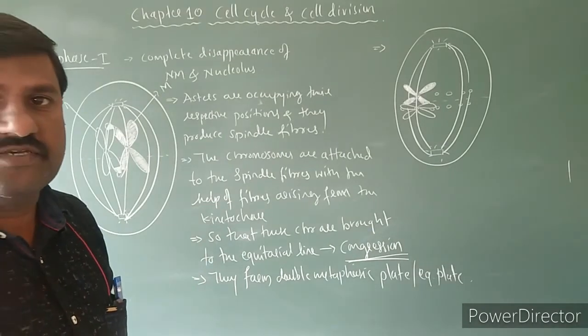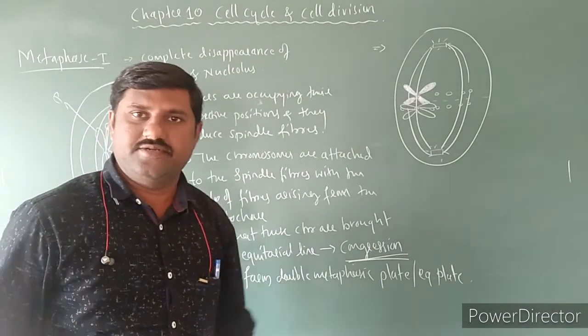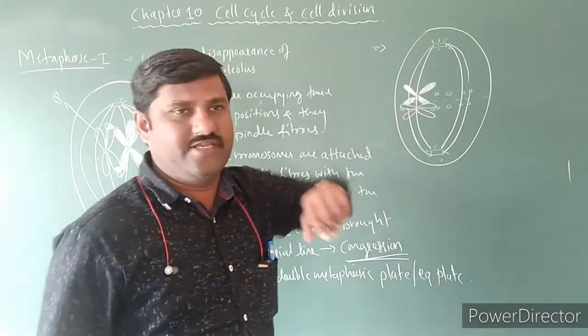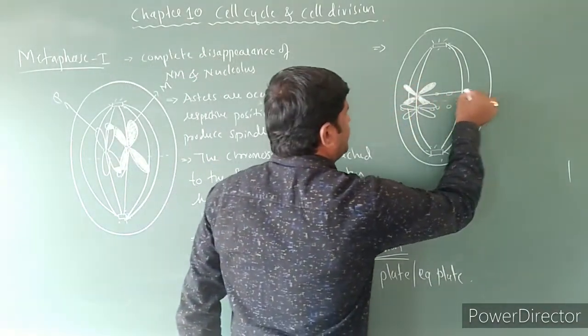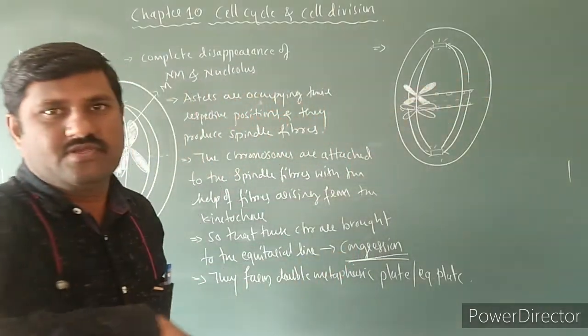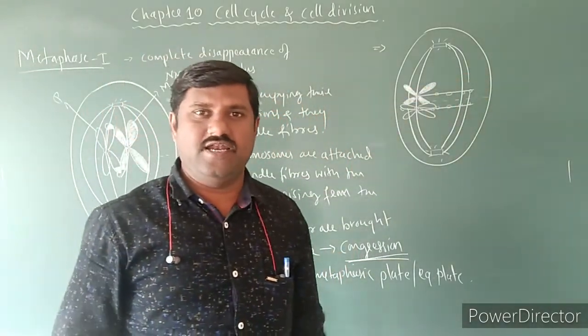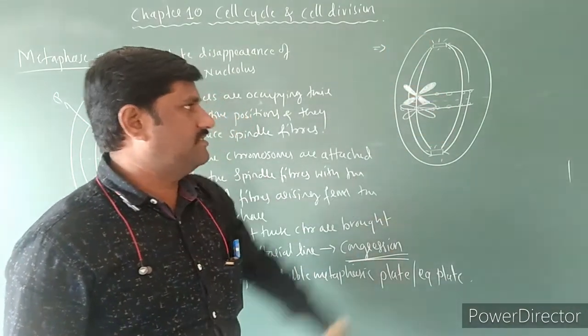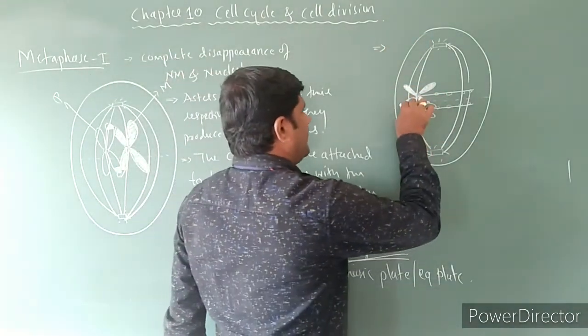So this is how the chromosomes are lying over here. This is one metaphasic plate, this is another metaphasic plate. All the chromosomes are lying this way. This is one set of chromosomes, this is another set of chromosomes.